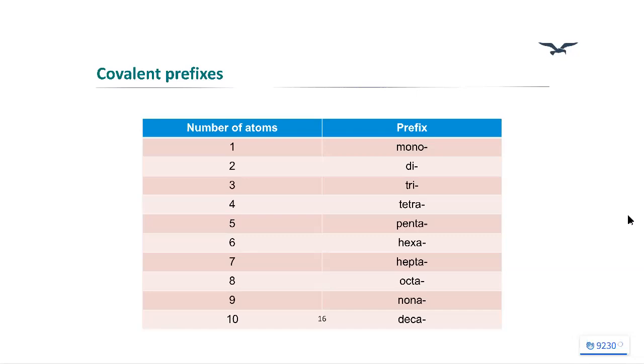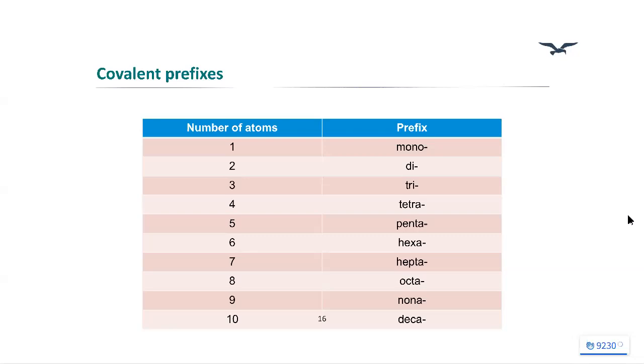First of all, the prefix for one is rarely used outside of very specific circumstances. It's mono. The prefix for two, instead of bi, which is what the geometric term would be, like bisecting a line, riding a bicycle, we use the prefix di in this context.